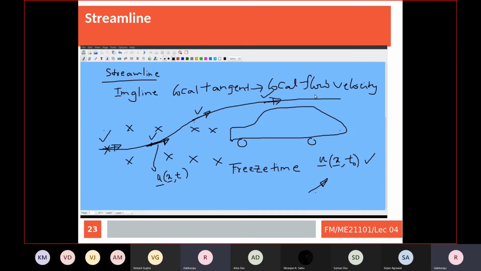streak lines, because you inject the smoke at one location. If it is a certain steady condition, all these particles follow only one line. So each particle path line coincides with the instantaneous locus of all these particles. You have path line and streak line coinciding, and in fact if you measure local velocity at that location, you get this streamline also.